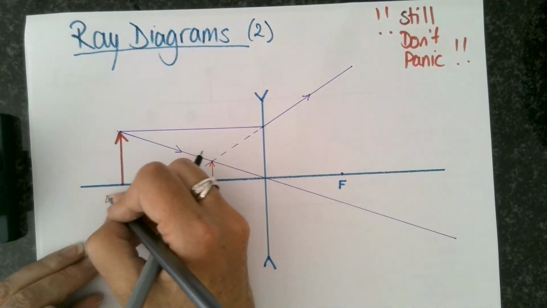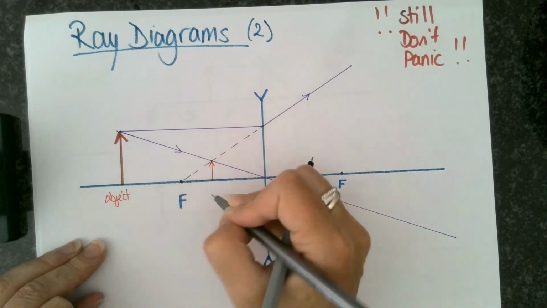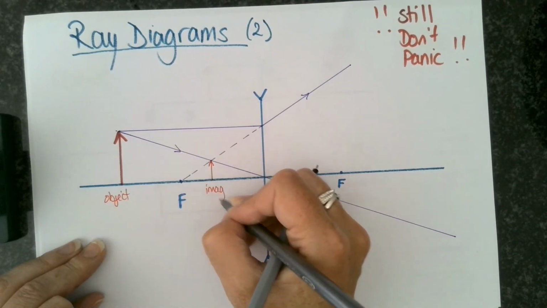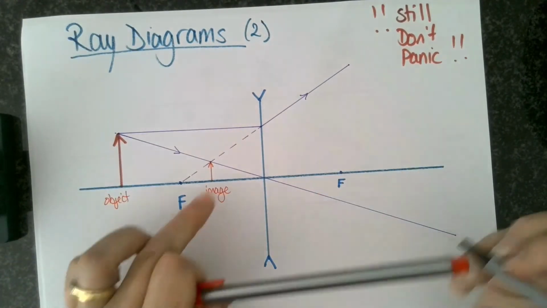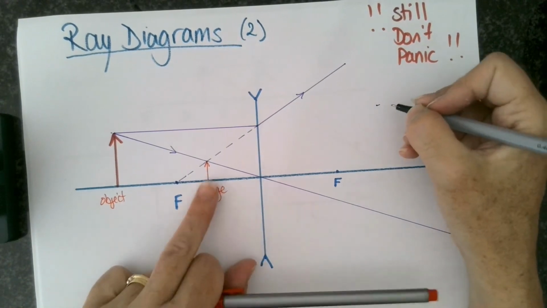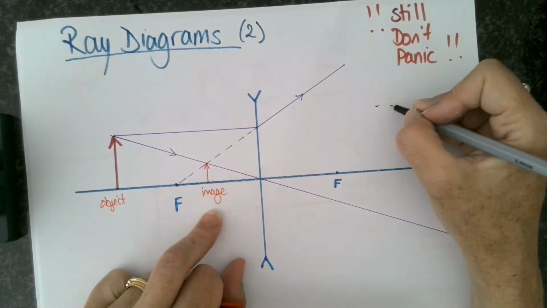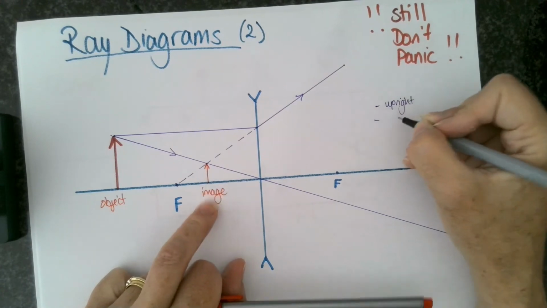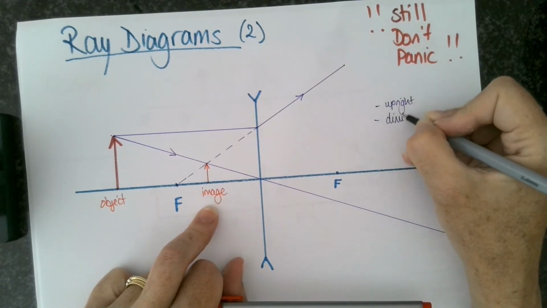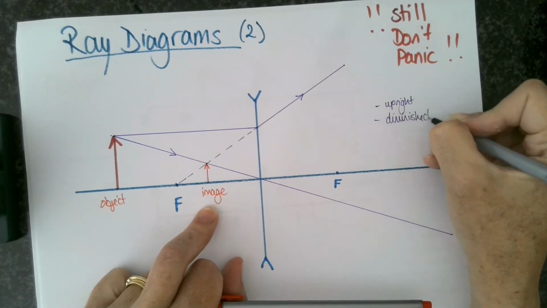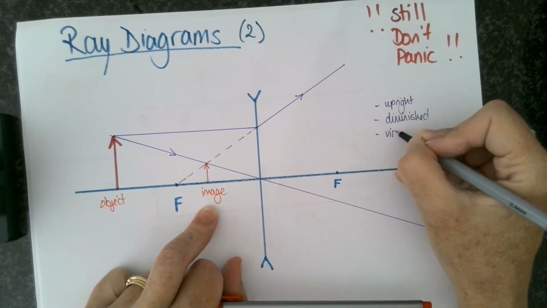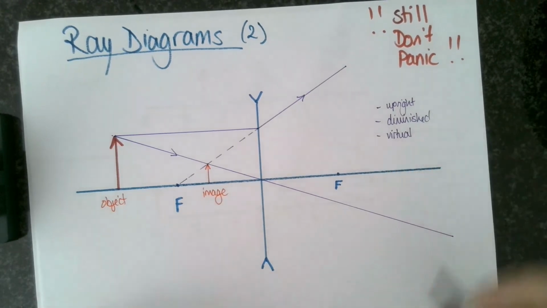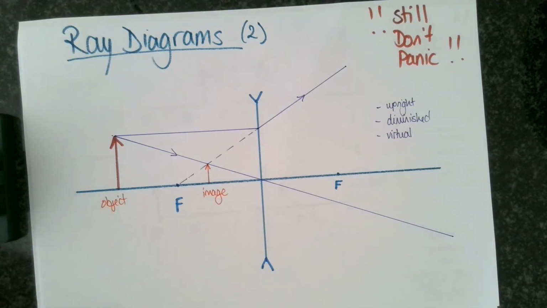So here we have our object and our image. And we can see that our image is, well, it's upright, it is diminished, and it is virtual. So if you are looking through a concave lens, things will appear to be smaller.